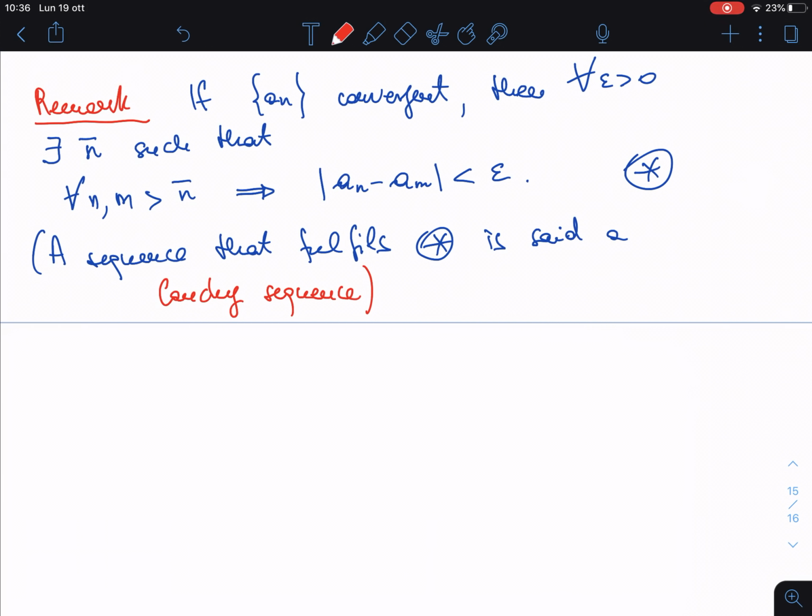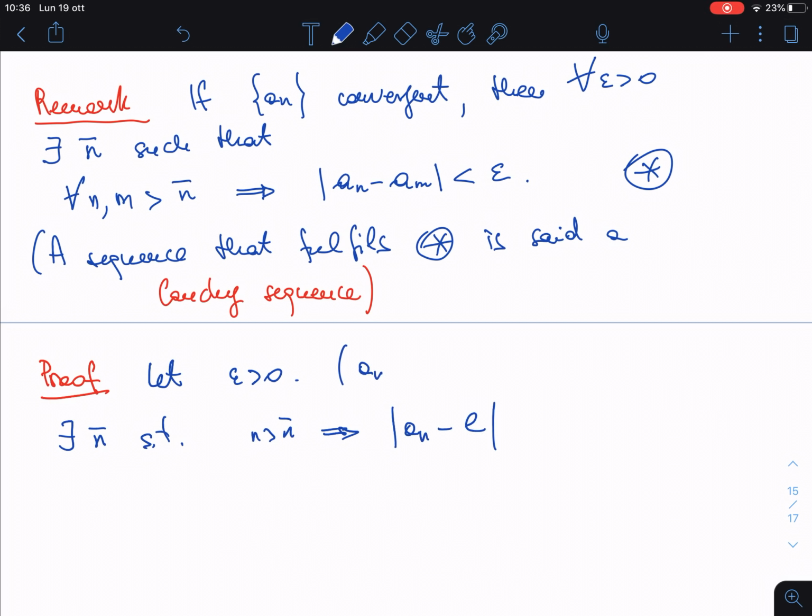And so what we proved, the proof of this remark, is very easy. Let epsilon be larger than 0. So there exists some n bar such that if n is larger than n bar, then a_n minus L is less than epsilon over 2, where L is the usual symbol of the limit. We use again epsilon over 2.